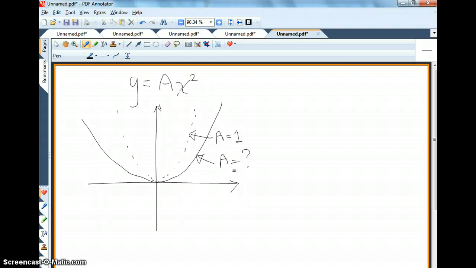Is it a number bigger than 1 or a number smaller than 1? It's actually smaller. You can play around with this on your calculator. It has to be less than 1. If you want the parabola to be narrower, a has to be bigger than 1.